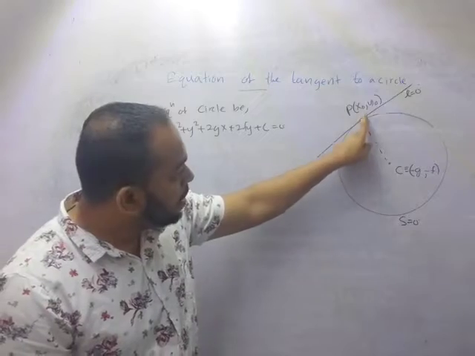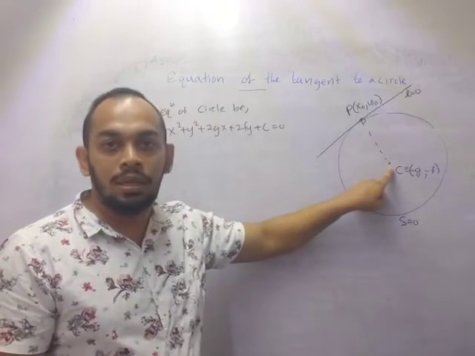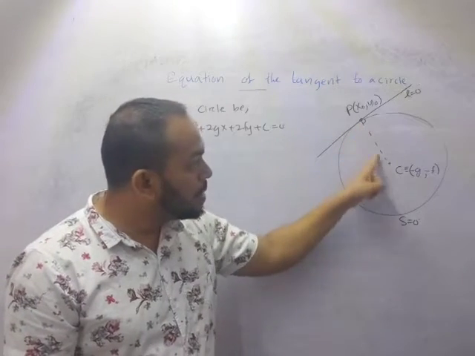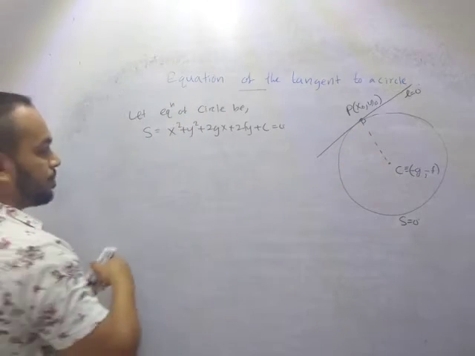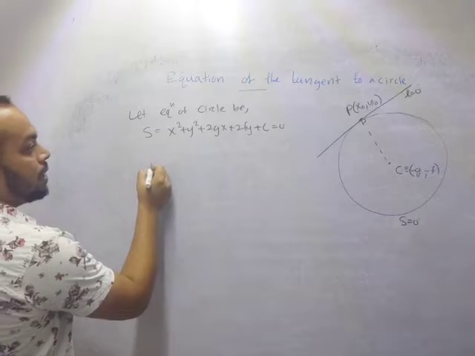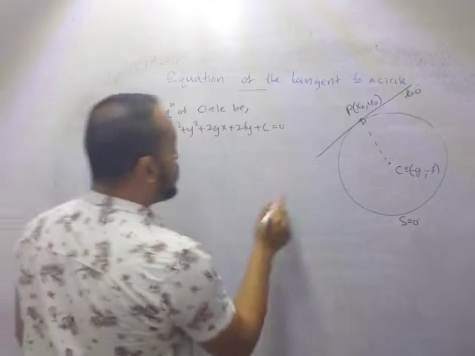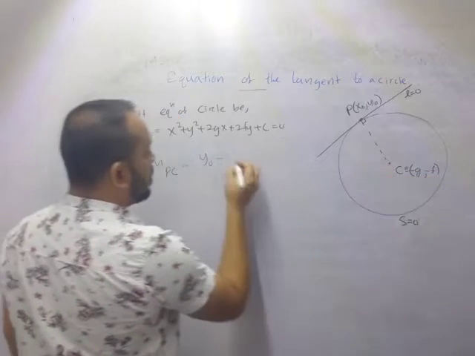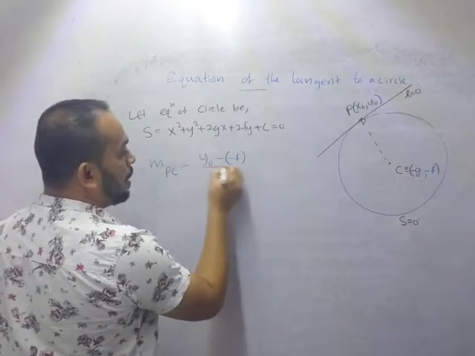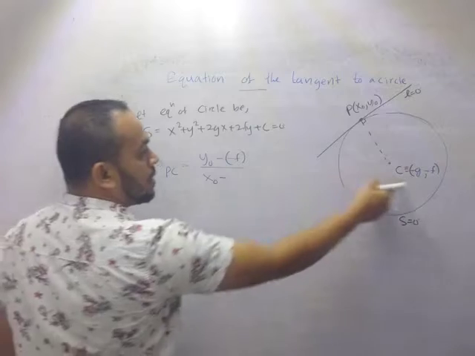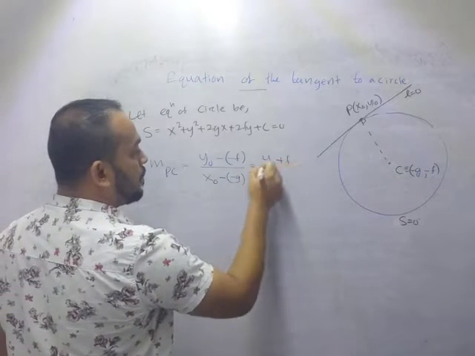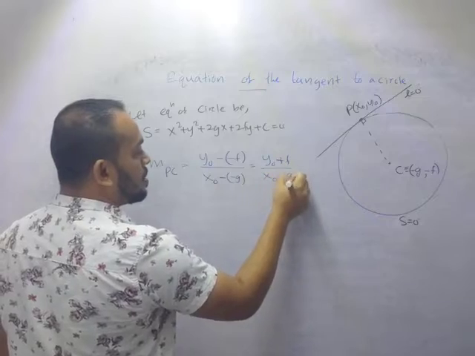Now see that this point is given, and obviously the center of the circle is known, so we can find the gradient of the line PC. The gradient of PC should be y0 minus the y coordinate over x0 minus the x coordinate. This will be (y0 plus f) over (x0 plus g).